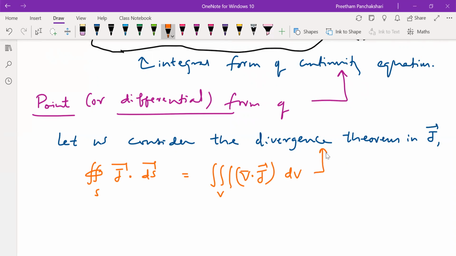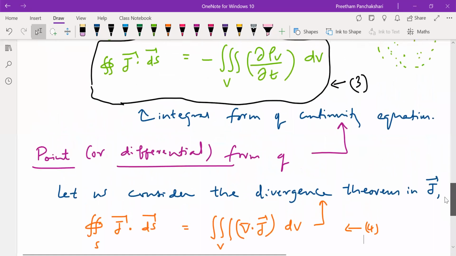On one side, it is the closed surface integral of the normal component of a vector, and on the other side, the volume integration of the divergence of the same vector. Now I would like to label this as equation 4. Now I would like to use equation 4 in equation 3 for some conversion.